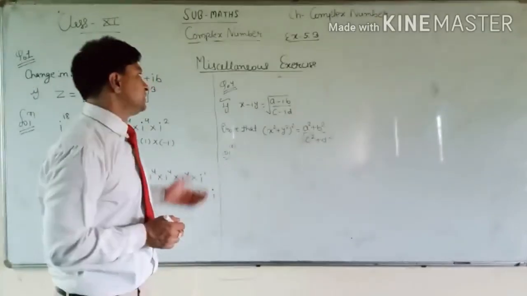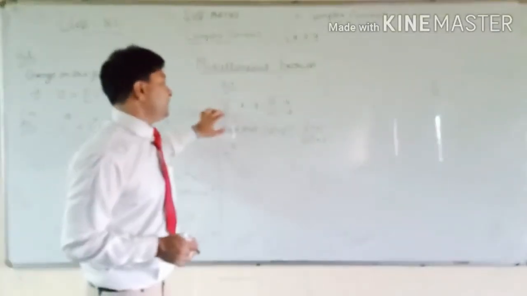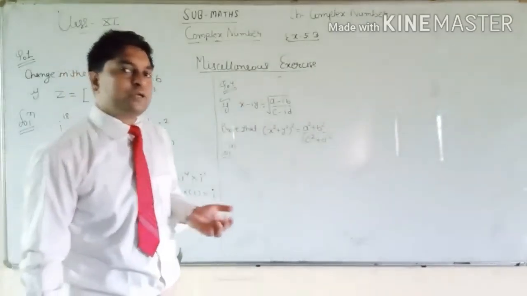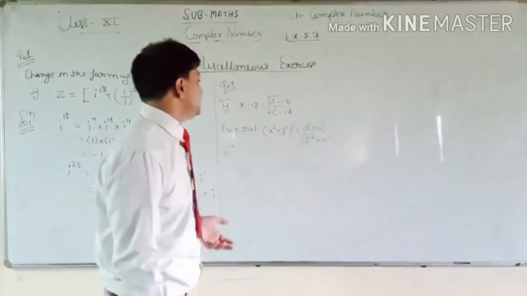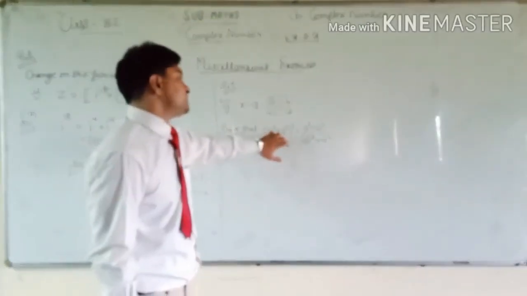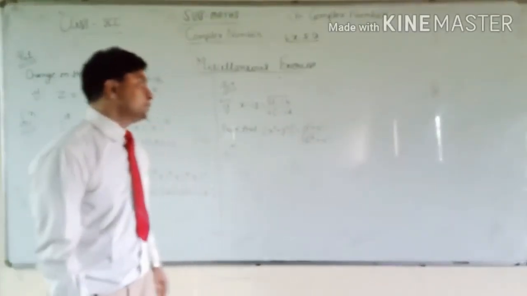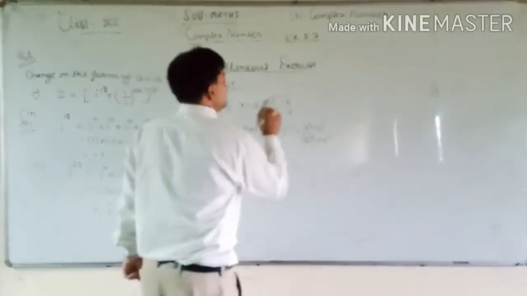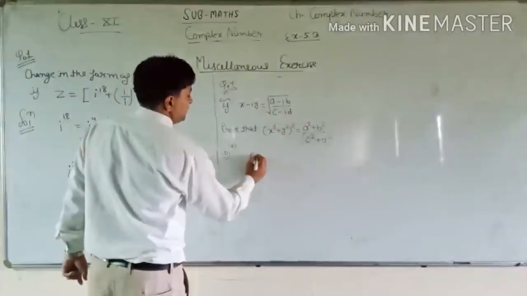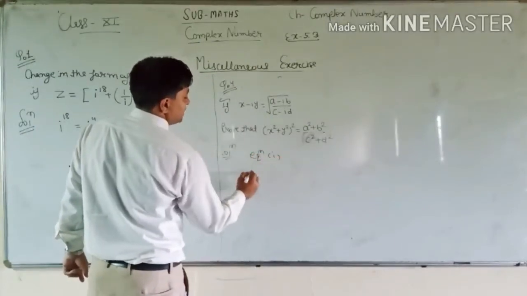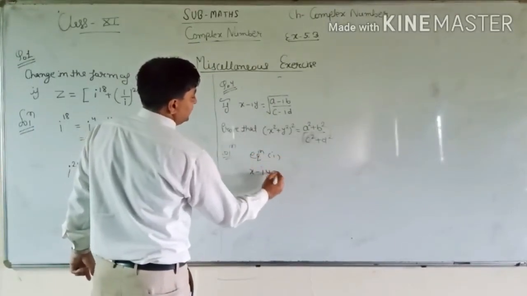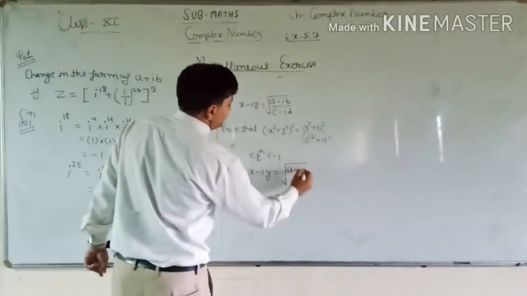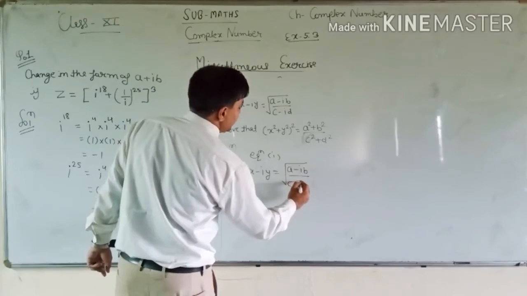Now students, the next question is, if x minus iota y is equal to under root of a minus iota b upon c minus iota d, then prove that x square plus y square is equal to a square plus b square upon c square plus d square. This is the first equation. Equation number 1 is x minus iota y is equal to under root a minus iota b upon c minus iota d.